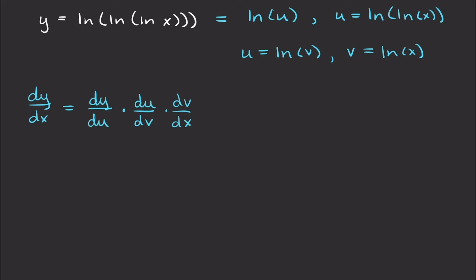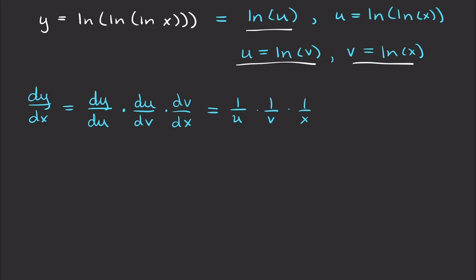So if I do this, dy du, just right here, is the derivative of the natural log of u, which is 1 over u, times du dv. So I'm going to look at this. Well, the derivative of the natural log of v is just 1 over v. And then dv dx, I'll look at this, which is, we'll just take the derivative of the natural log of x, which is just 1 over x.